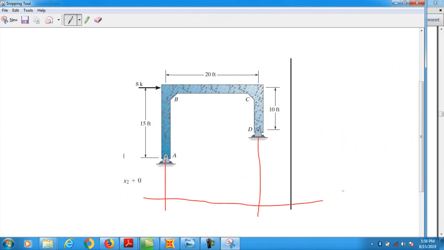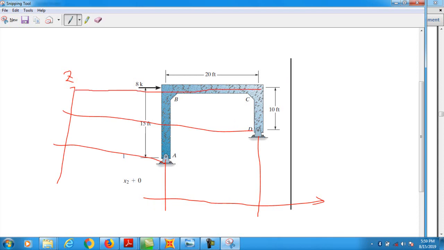So in the X direction you have two axes, and in the Z direction you have 1, 2, and 3. Clear? So in the Z direction you have 3 grids.